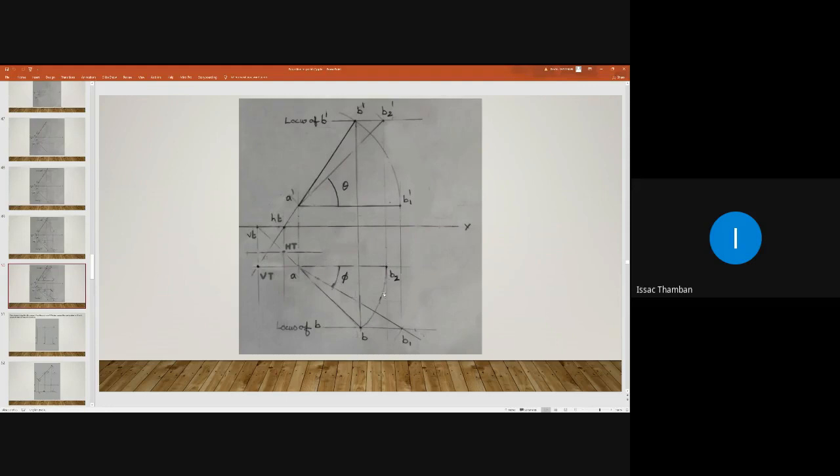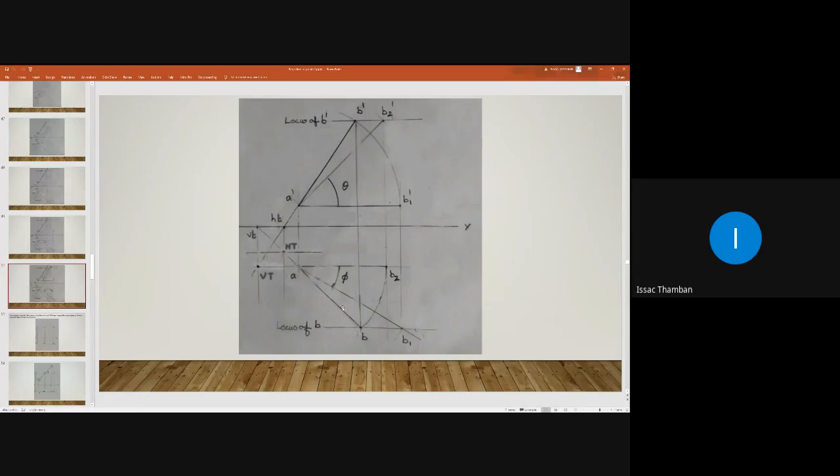So obtain B2 by drawing this arc. Have you obtained B2? Can I proceed? Yes, sir.